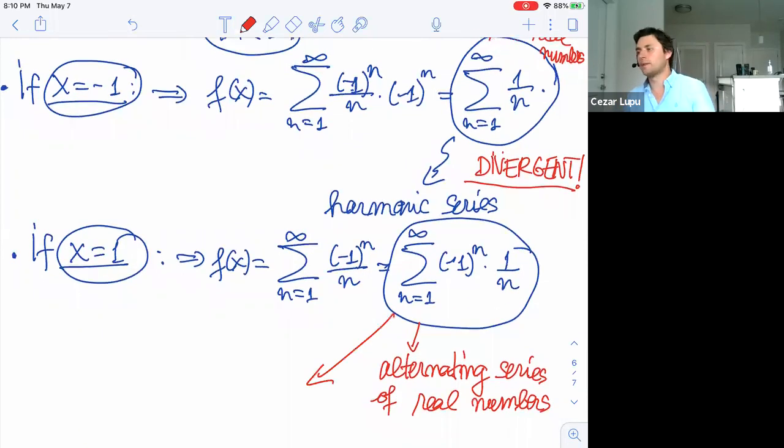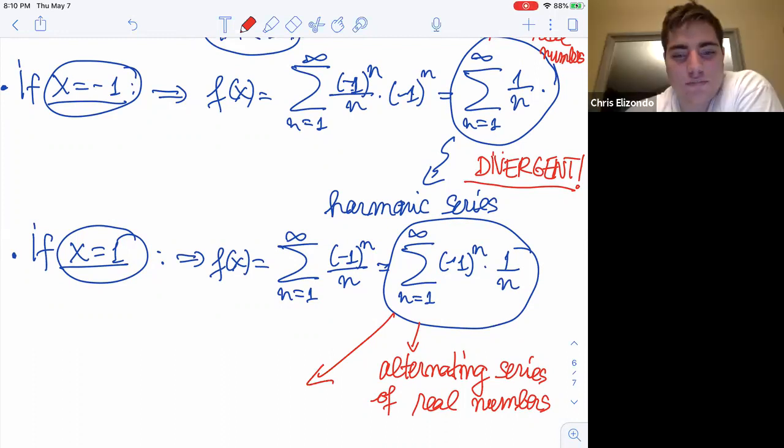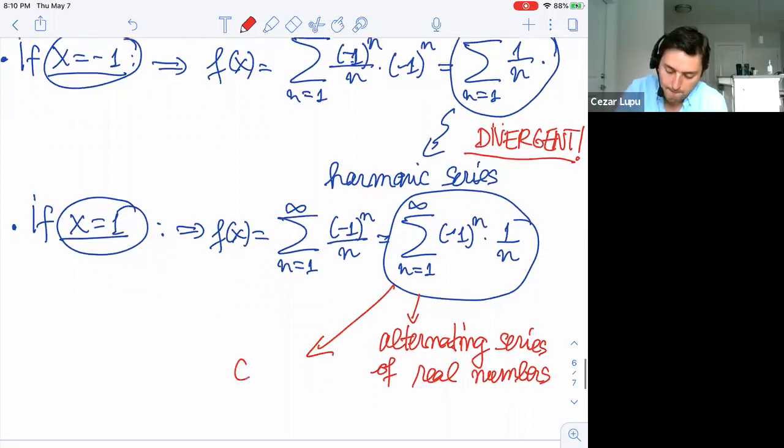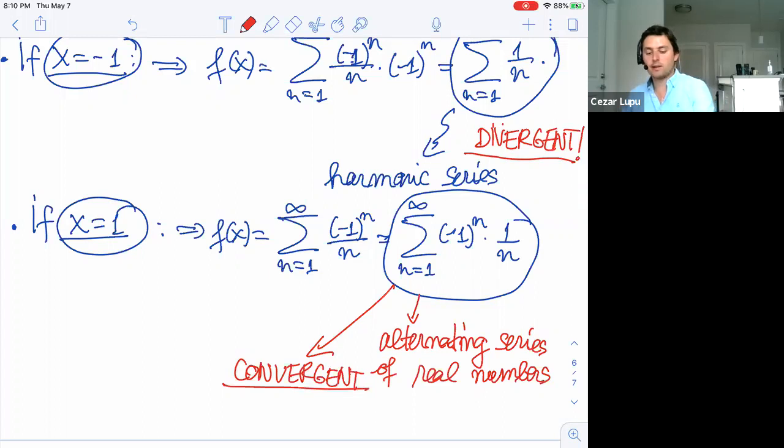What do you think? Convergent. This was convergent, right? How do we know? From the Leibniz criterion. Convergent. Great. So maybe I should keep x equals 1, seems like a good guide to me.